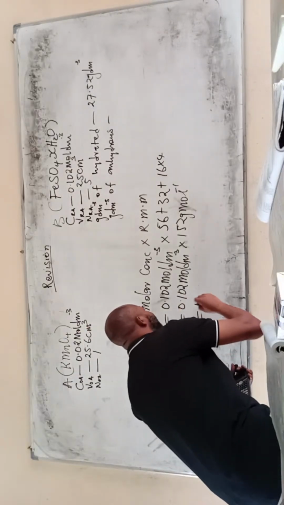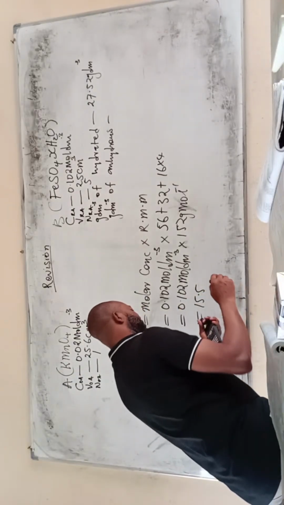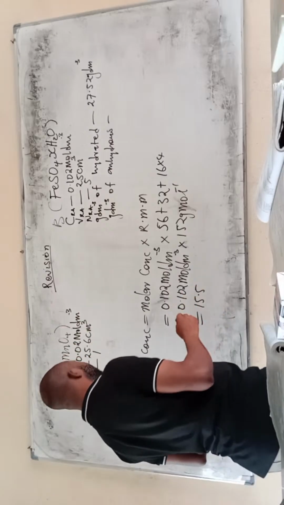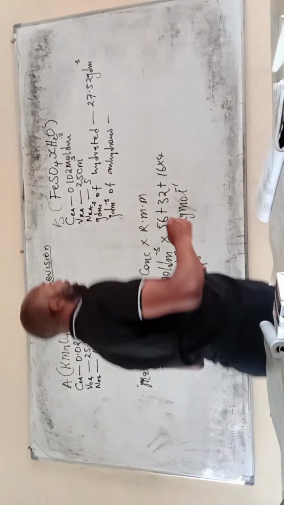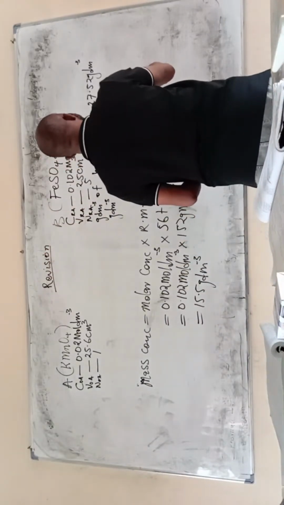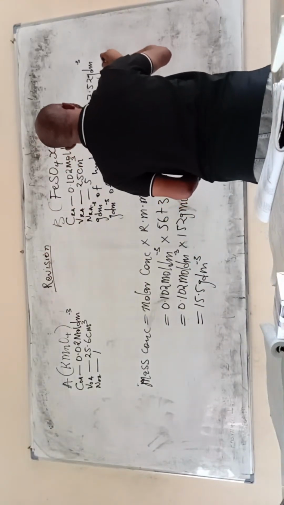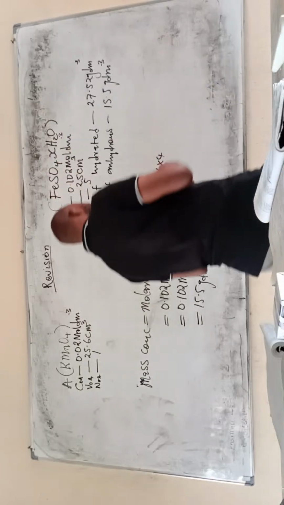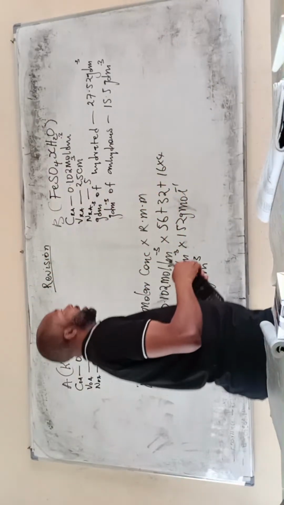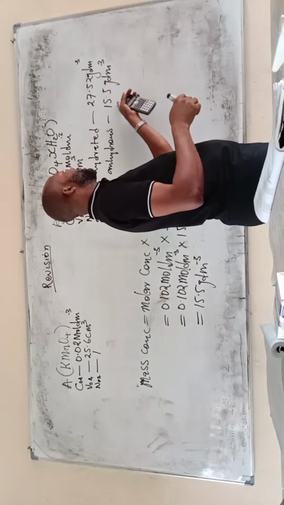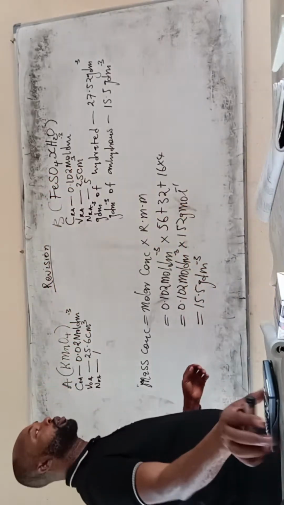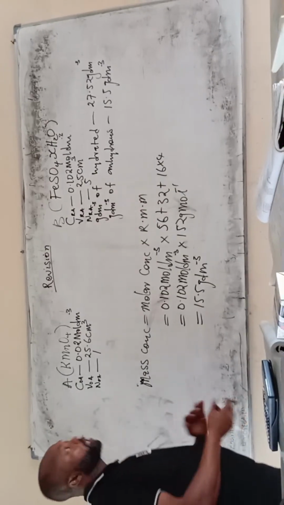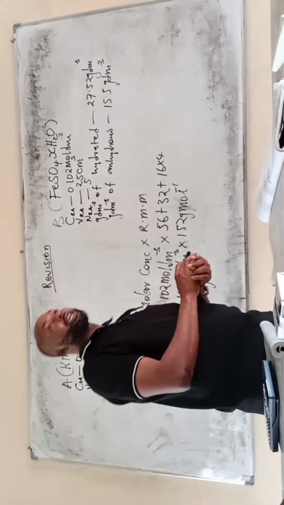So this is 15.5 g per dm cube. If you come back here, here is 15.5 g per dm cube. So if you look at this, you understand that that of hydrated must be higher than this. So we've gotten that.